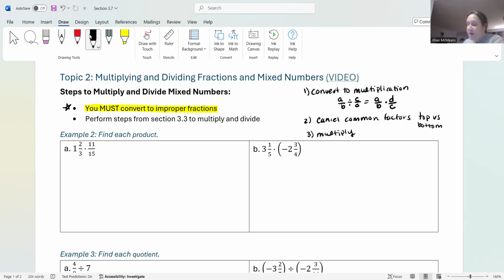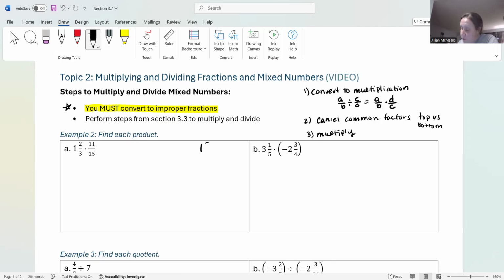So for example two, it says find each product. For part A, we have 1 and 2/3 times 11/15. So the very first thing we need to deal with is the 1 and 2/3. Off to the side, I'm going to convert 1 and 2/3 to an improper fraction.